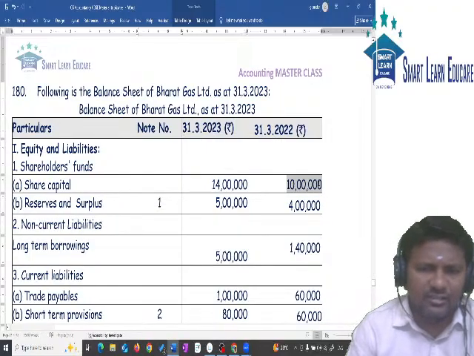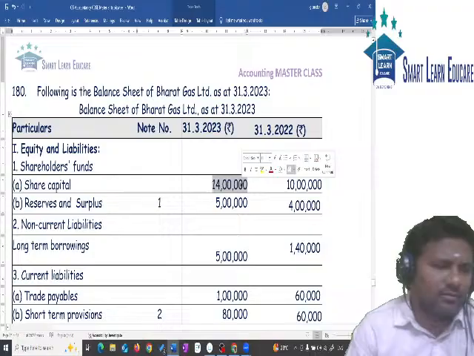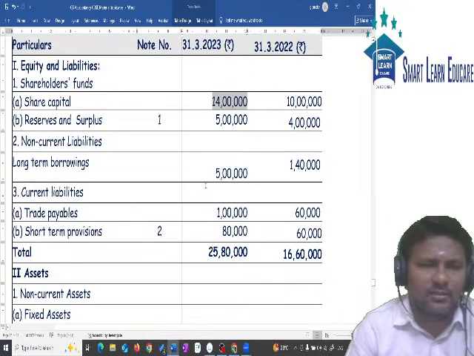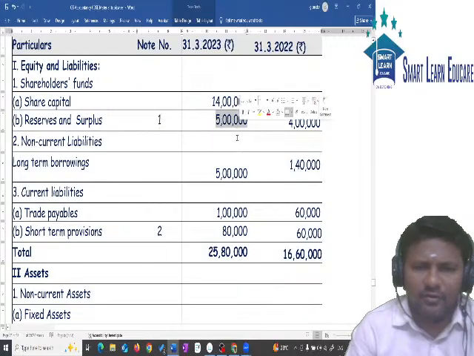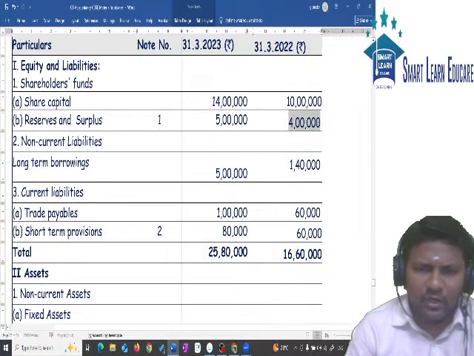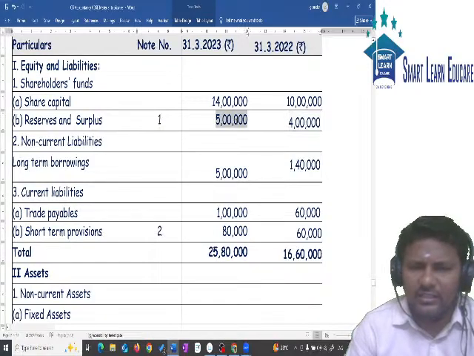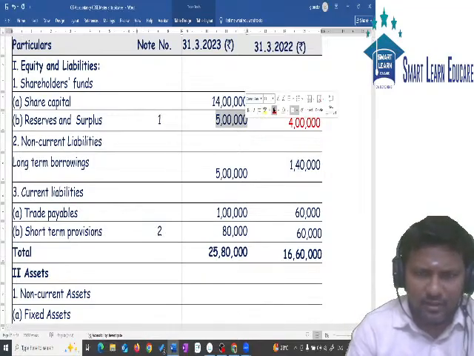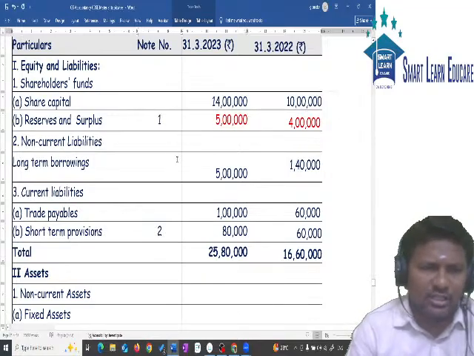Opening balance 10 lakh, closing balance 14 lakh, meaning we have issued some shares to the extent of 4 lakhs. Reserves: opening balance 4 lakh, closing balance 5 lakh. It means reserves increased by 1 lakh.